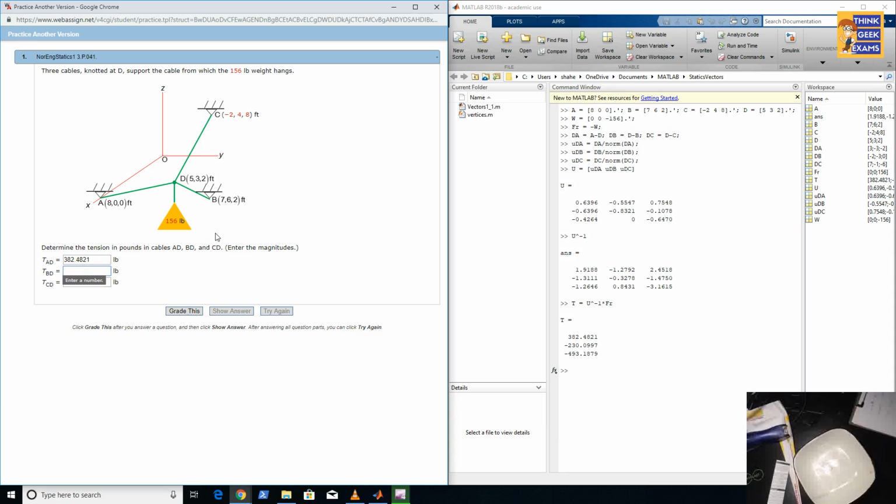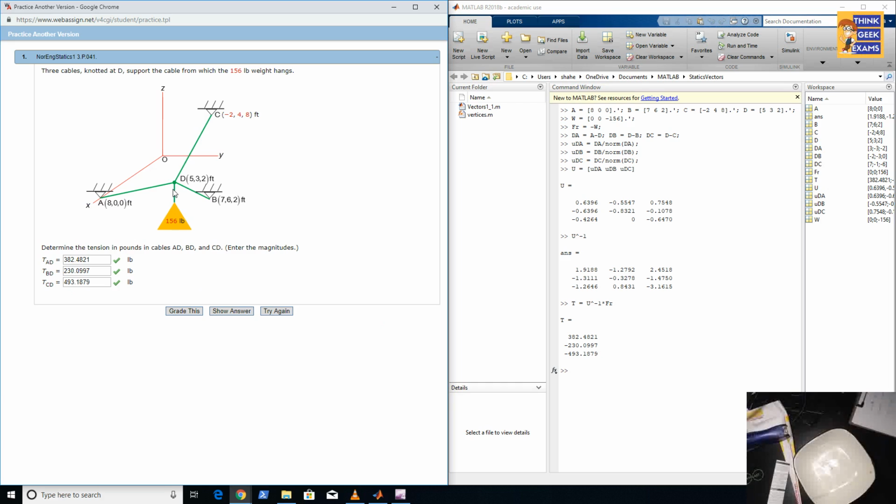Well, math doesn't lie, so let's hope things are kosher. 0997 and 493.1879. They are correct. I wonder why there are negative signs.